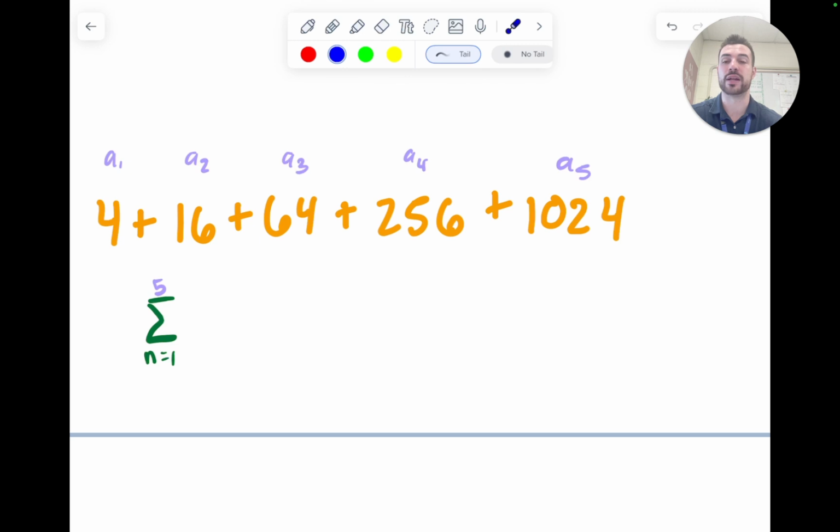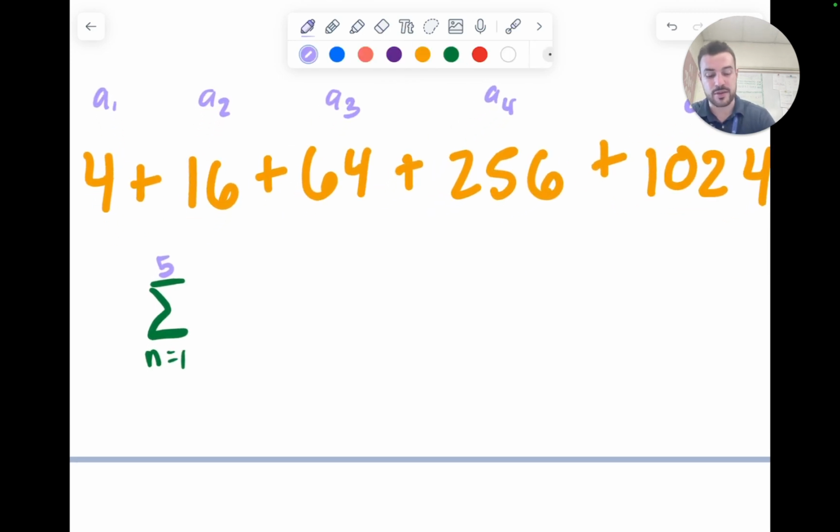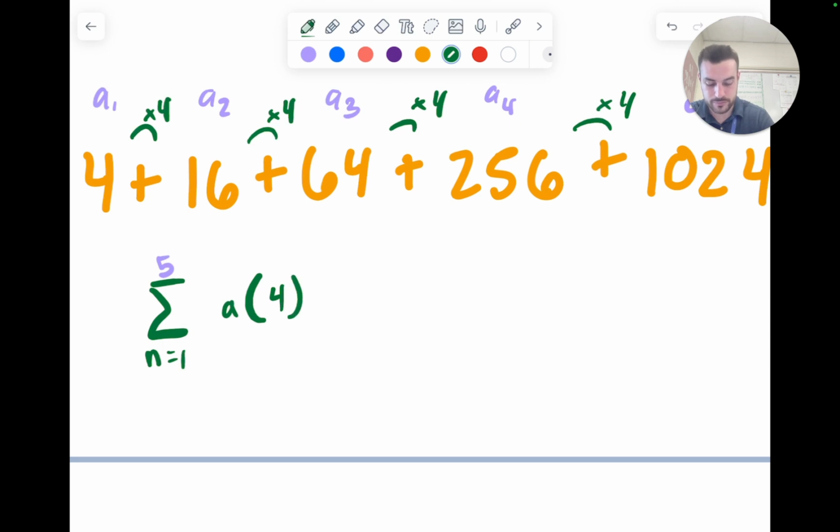So now what I need to do is I need to go ahead and write my explicit formula. So as you can see, many of us might notice that our pattern here is we are multiplying by 4. So that means I'm going to have my first term, my ratio, to the n power. Now, in order for this to work, I need to find an a value that would make it work.